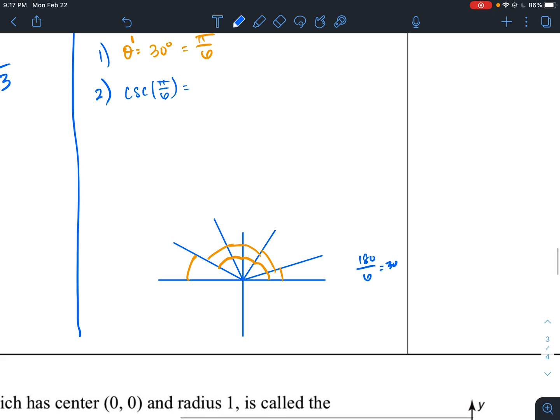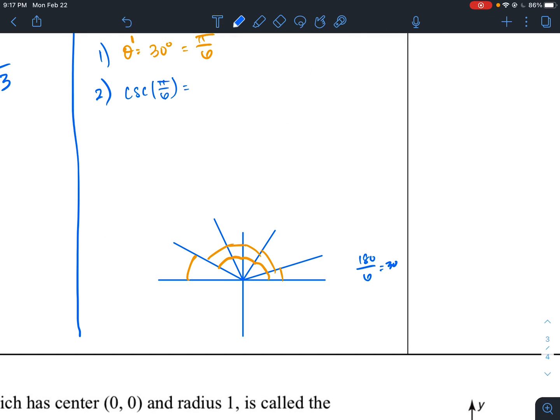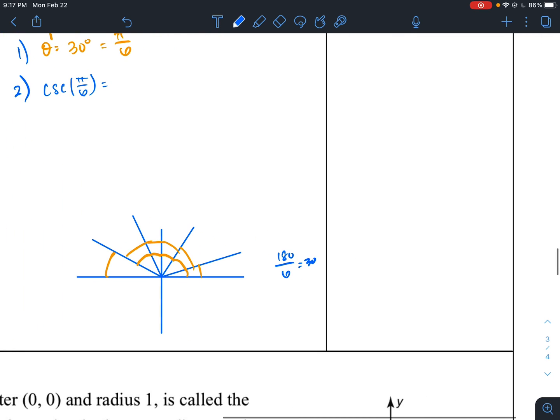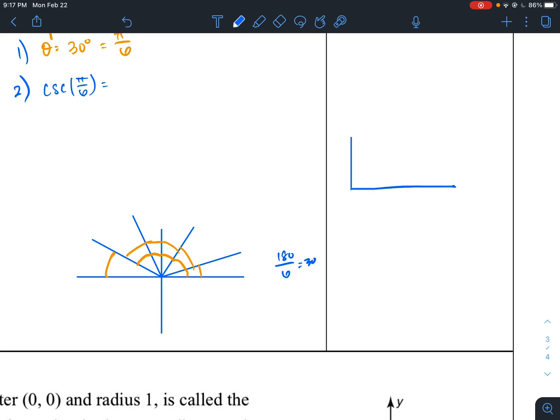And again, if you want to make your own triangle, I'll do that over here. So this is my reference angle, so this is 30 degrees. That means this is 60 degrees, this is 90.